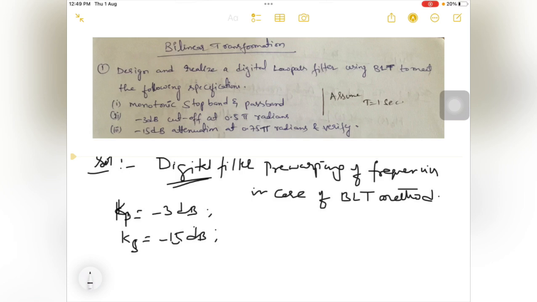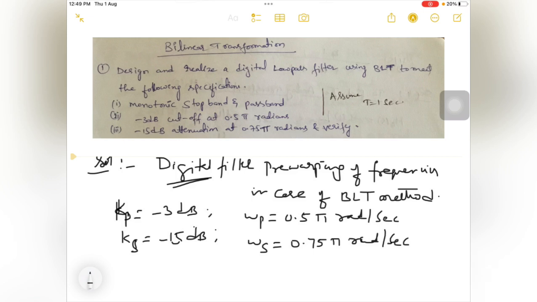Now I am doing the frequencies. Whatever the frequency it is given, it is digital frequency, so therefore Wp is equal to 0.5 pi radian per second and Ws is equal to 0.75 pi radian per second.